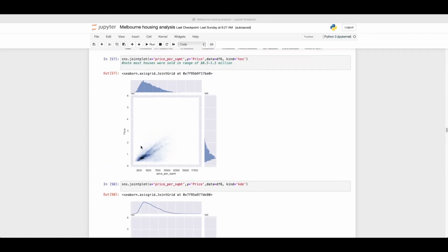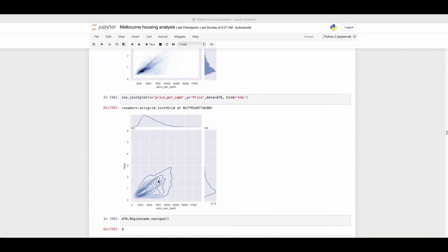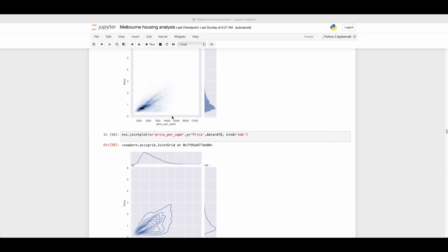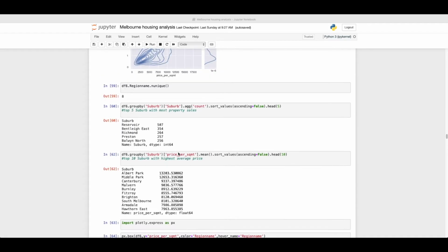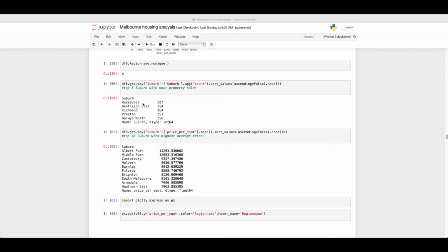This chart is a hex chart. Sometimes hex is harder to read, and the KDE gives you a cleaner look, but it basically tells the same story. And I count the top 5 suburbs with the most property sales.